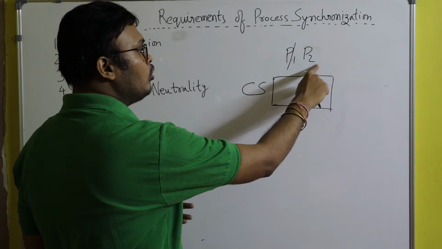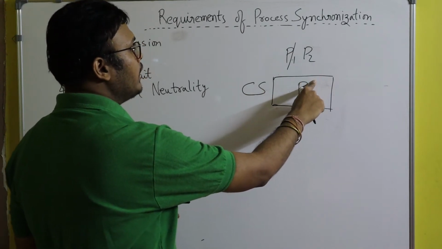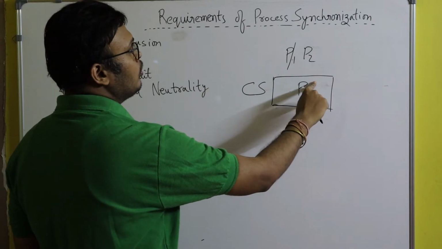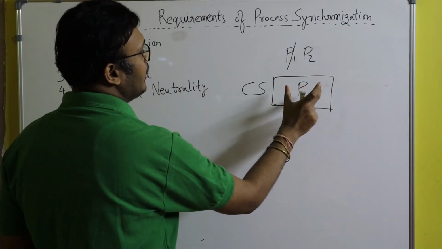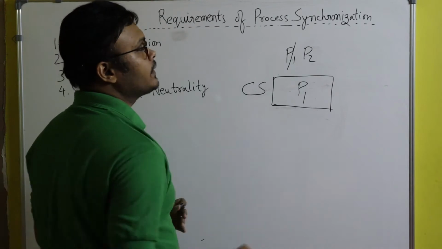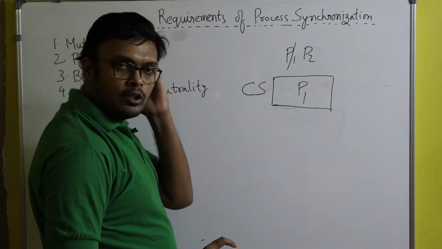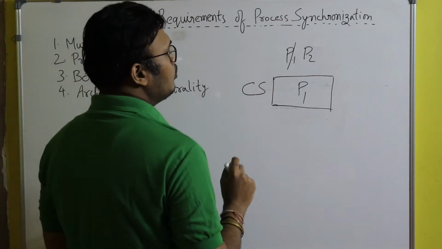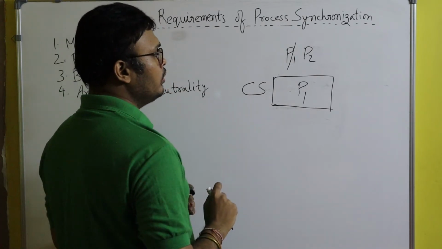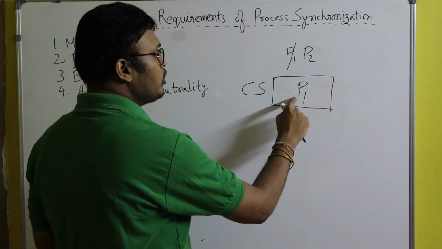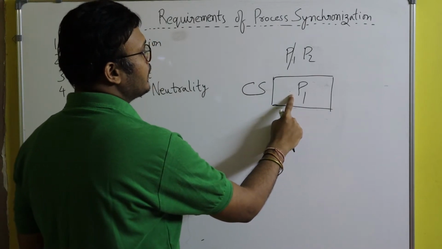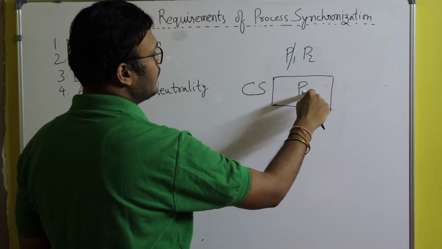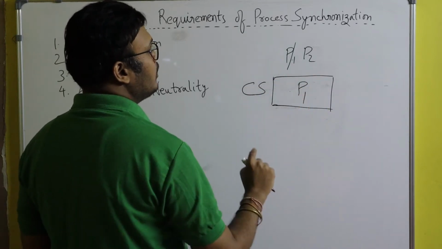And P2 also wants to enter inside the critical section, but since mutual exclusion is there, only one process can be inside the critical section at a time. So this is called mutual exclusion. When one process is already inside the critical section, it doesn't let another process enter.